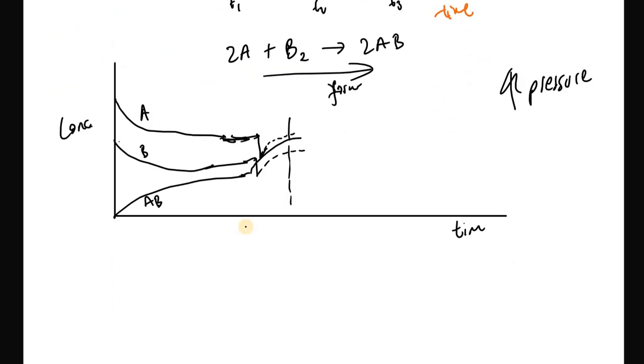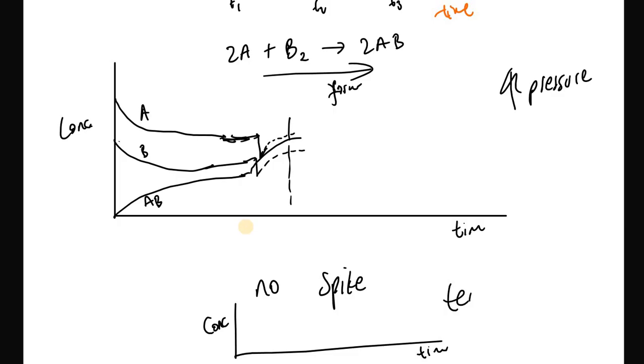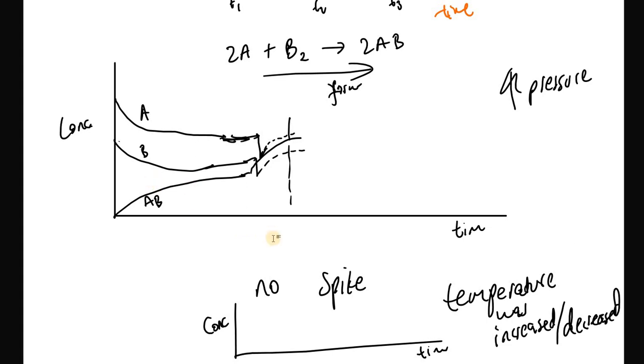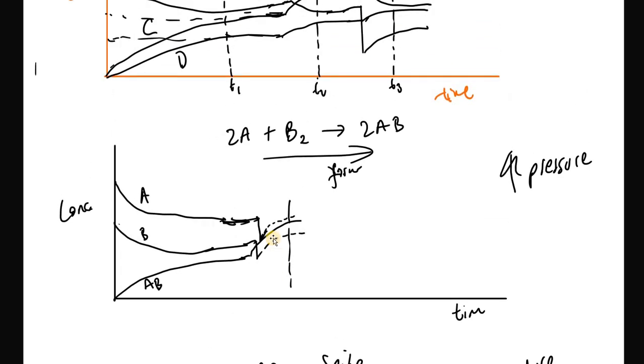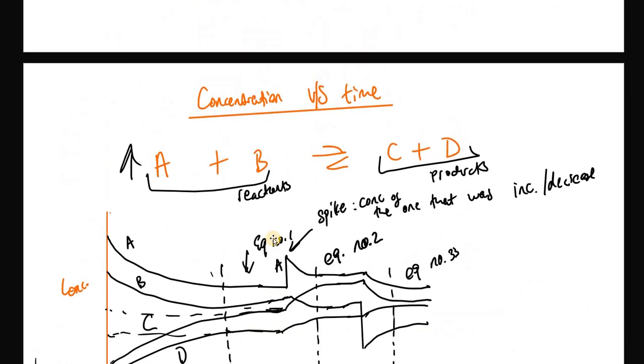If there is no spike at all in a concentration versus time graph, then it is temperature that was changed, either increased or decreased. If there is no spike, it is temperature. If there are two spikes, it is pressure. If it is one spike, it's concentration that was changed.